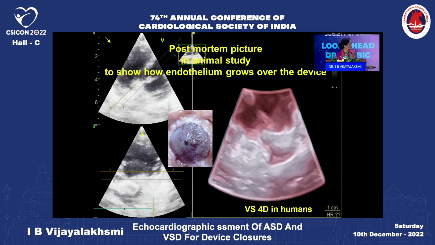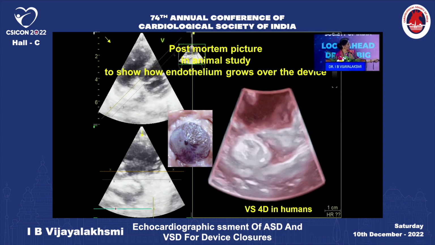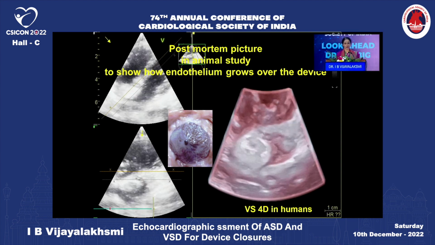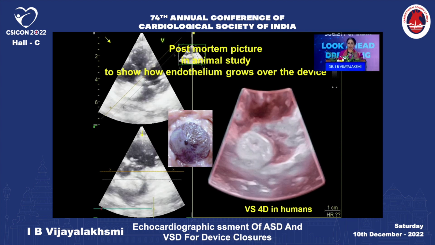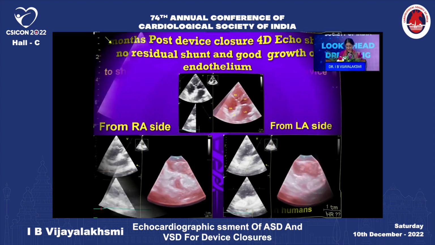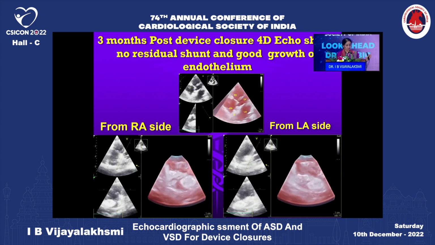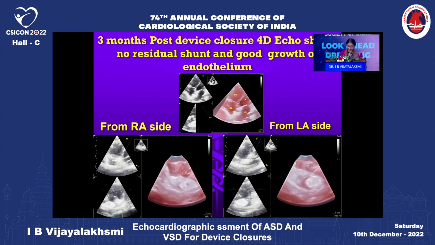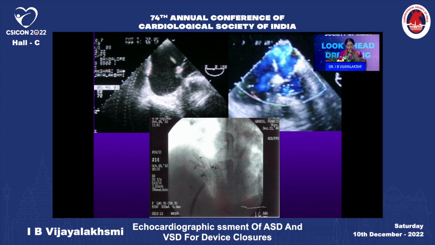So this is the autopsy of the animal study, and this is how the endothelium which has grown over the device can be seen, and then you can stop the aspirin once the endothelium has covered the whole of this thing. And what is the beauty? 3 months afterwards, not only is it endothelialized, you can see both the RA side and the LA side of the device beautifully covered with the endothelium.